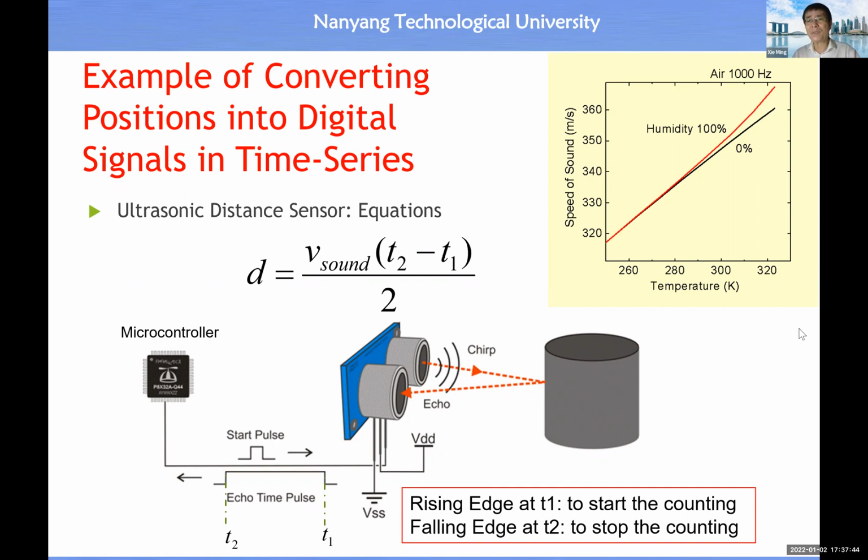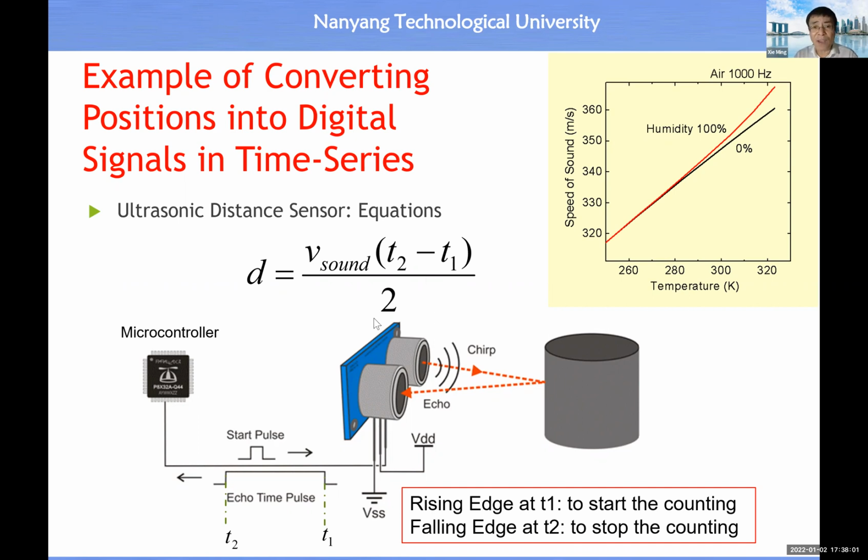If we just want a rough indication of distance, we just use this number, 340 meters per second. Then use this formula, and immediately we know the distance.